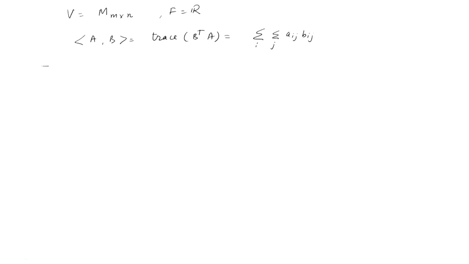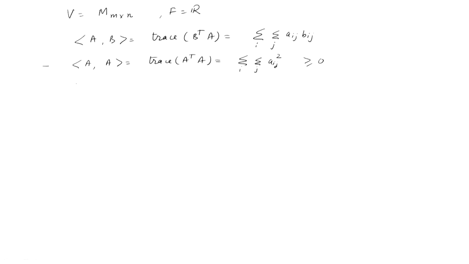Now, the first property is the inner product of A and A. Inner product of A and A means trace of A transpose A, which is the summation over i, summation over j, Aij whole square. That is always greater than or equal to 0, of course, because it is a sum of non-negative quantities.